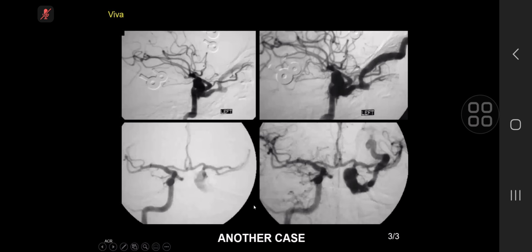Having a look at the lateral projections, or the more delayed image, I can see some contrast opacification on the left-hand side in the expected location of the superior ophthalmic vein. So there appears to be early enhancement of the left superior ophthalmic vein with a possible connection with the left internal carotid artery, the cavernous portion of it.